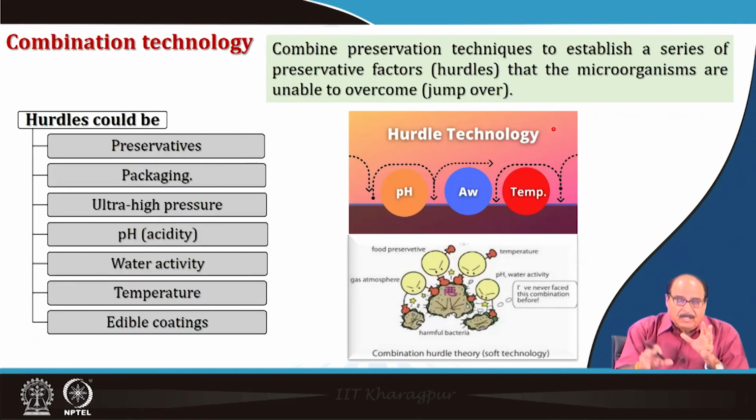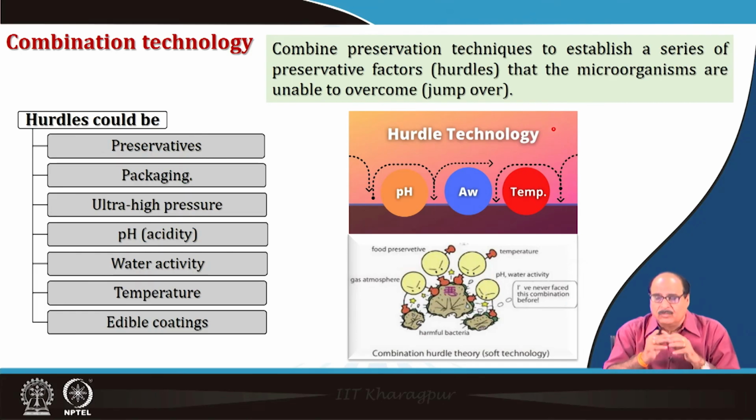Okay. Here I have tried to give you combination technology, that is, combination preservation techniques. The purpose here is to establish a series of hurdles or preservative factors that the microorganisms are not able to overcome. Okay, they are unable to jump over or overcome these hurdles.